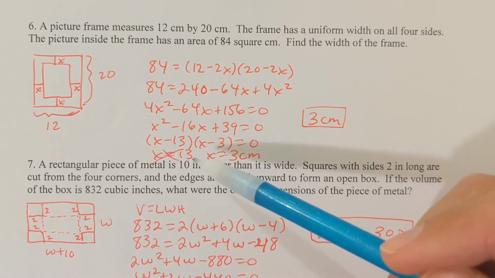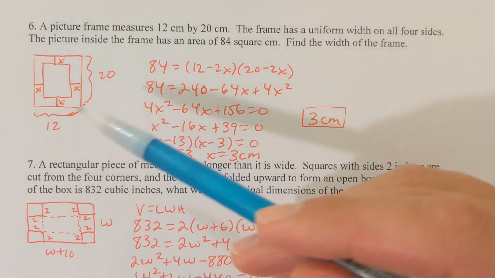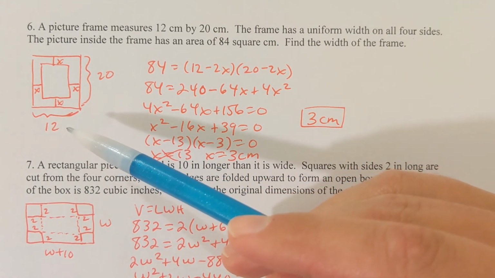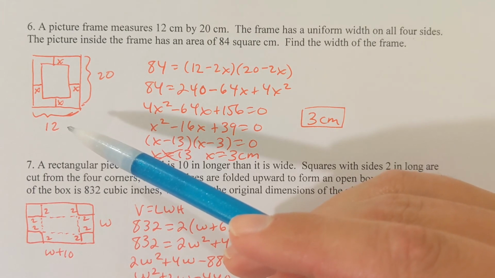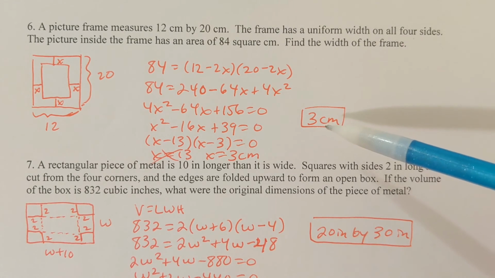Okay, so x is equal to 13 centimeters, and x is equal to 3 centimeters. Well, it's not possible for x to be 13 centimeters since the length of the frame is already 12 centimeters. So it's 3 centimeters there. Okay.